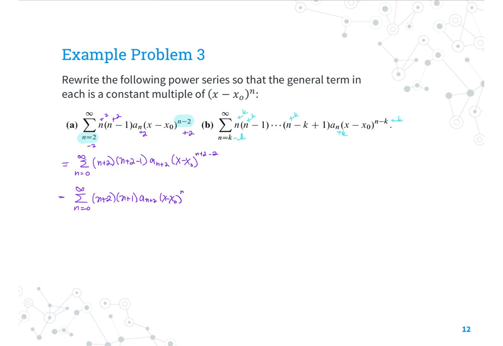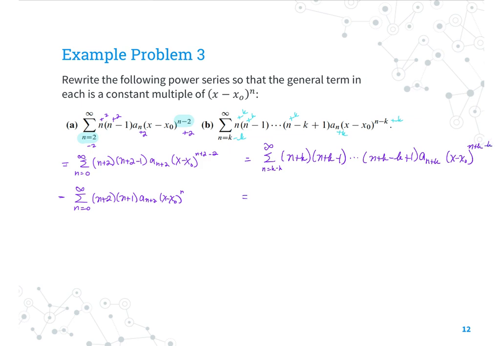So what we really end up with is the sum from n equals k minus k to infinity of n plus k times n plus k minus 1 times all the way to n plus k minus k plus 1, a sub n plus k times x minus x naught to the n plus k minus k.